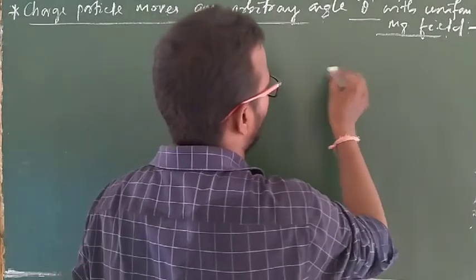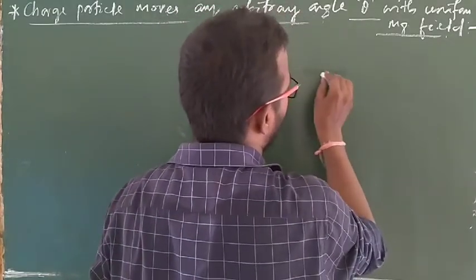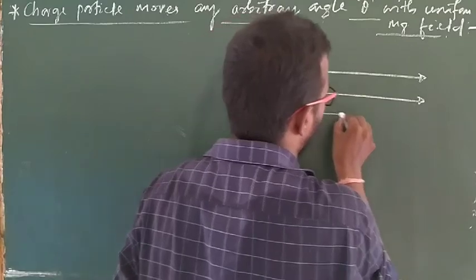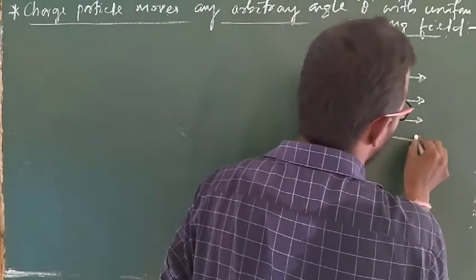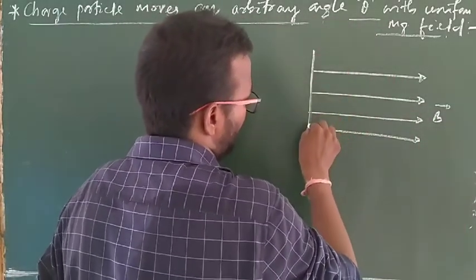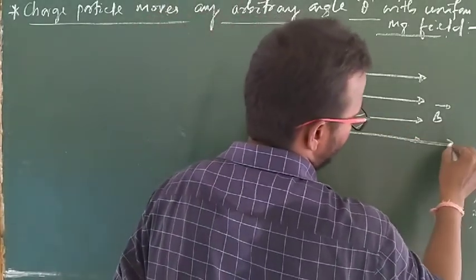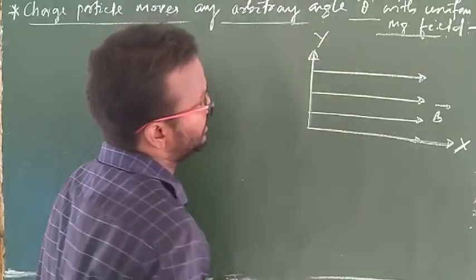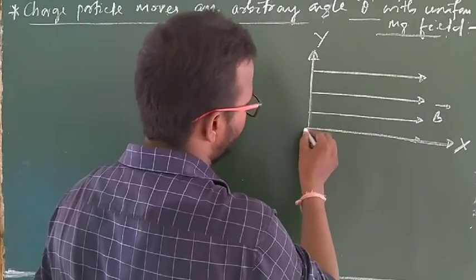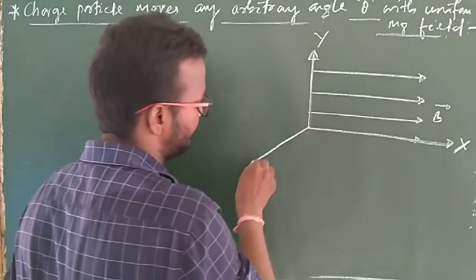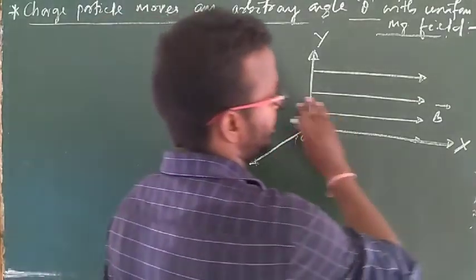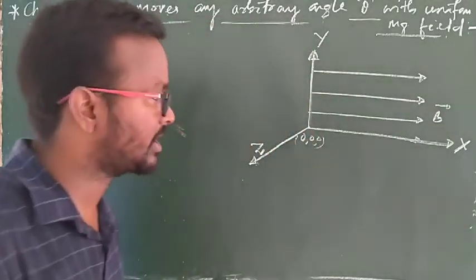Suppose this is the direction of the uniform magnetic field B. If we take a Cartesian coordinate system, suppose this is the x-axis, this is the y-axis, and this is the z-axis, with the origin at 0 0 0, and this magnetic field is along the direction of the x-axis. Clear?